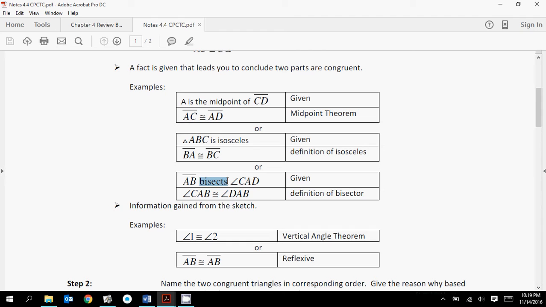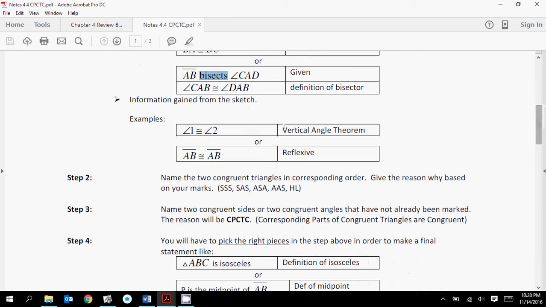It said in the given something is a bisector, and then you gave me the reason midpoint theorem. No, those aren't interchangeable, okay? If I mention midpoint in the given, you gotta mention midpoint in the proof. If I mention bisector in the given, you gotta mention just bisector in the proof. Okay, so hopefully that clarifies some things. When you look at the next part, okay, vertical angles.